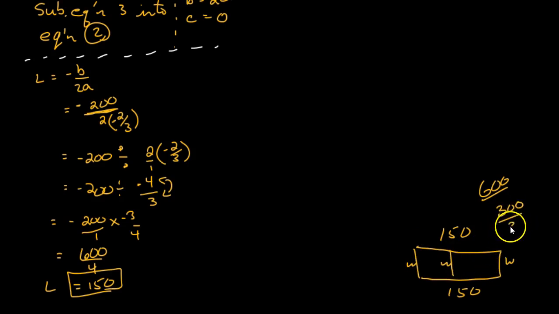So if you divide that by 3, you get 100. 100, 100, 100. Add up all your numbers, you should come back with 600. 150 plus 150, 300, 400, 500, 600. So we know our width, and we didn't need to go back to use our equations at all. We reasoned that our width has to be 100.